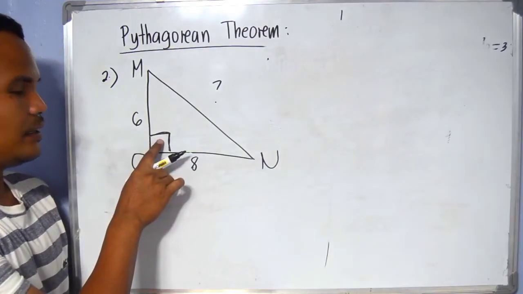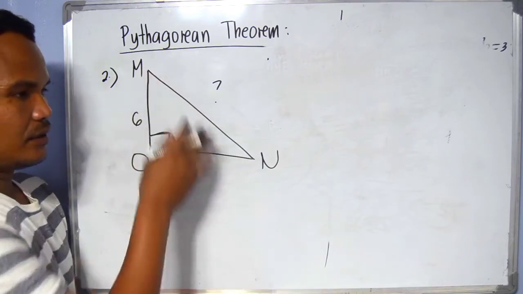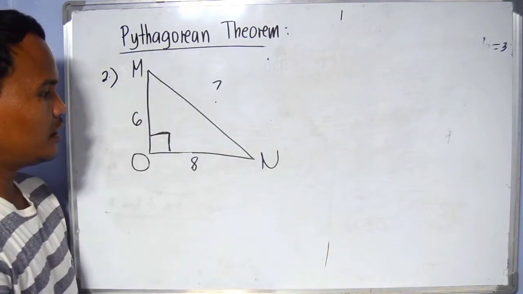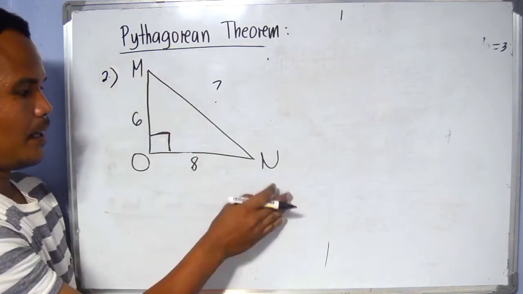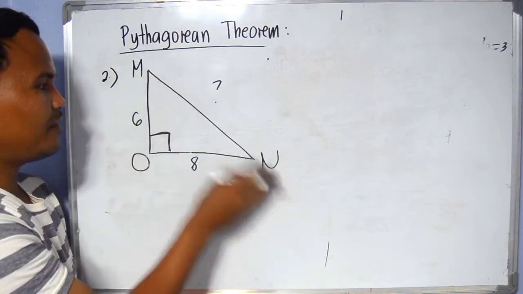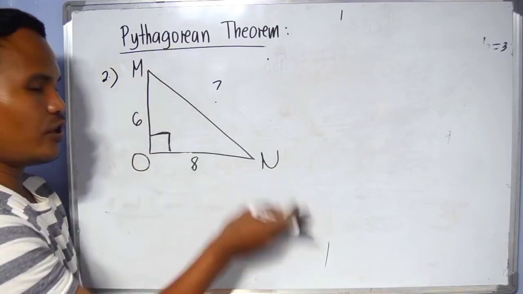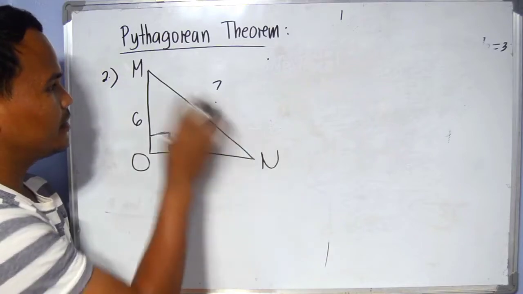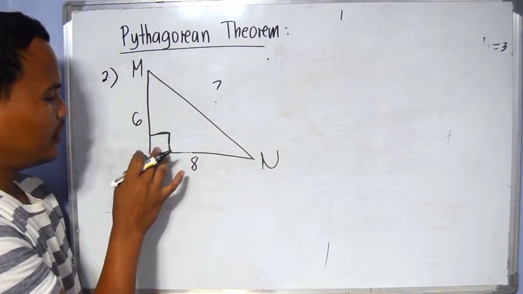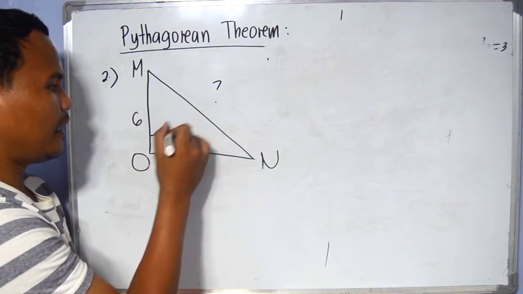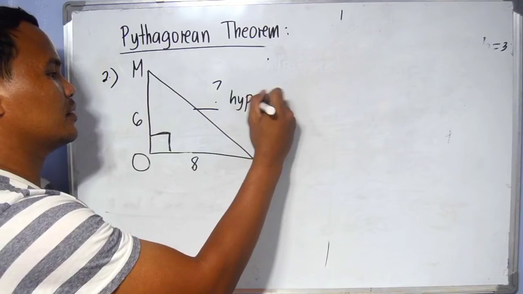As you see in our figure, the missing length is MN. We have no length of MN. And as you observe, MN, this side, is opposite to our right angle. So this side is called the hypotenuse.